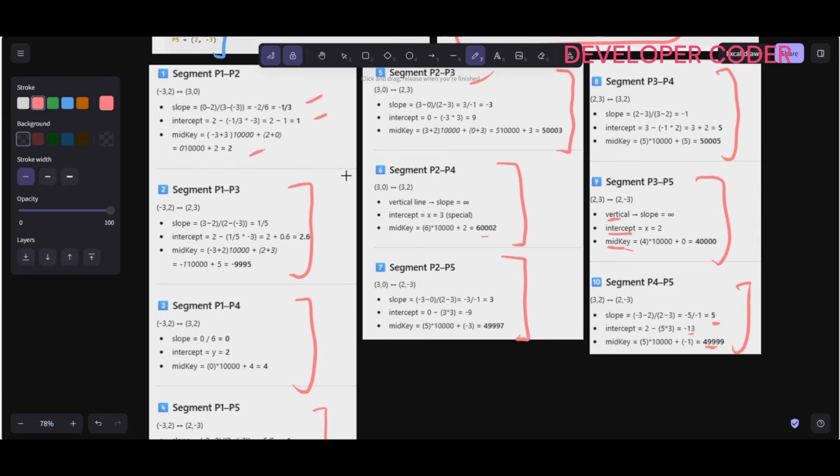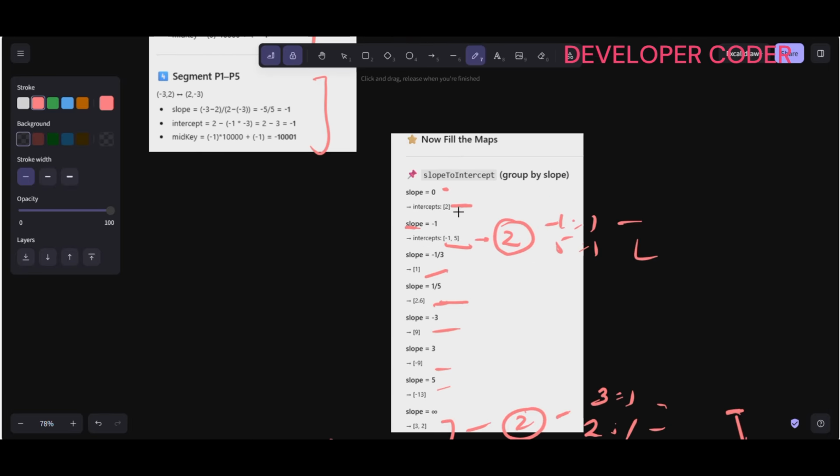So here if you see, when we are finding this, we are skipping all this, we are only taking all this, right? That simply means for this slope we have two intercepts, means we have two different lines, right? That's the meaning of this intercept. Intercept is nothing but this ABC value, right?